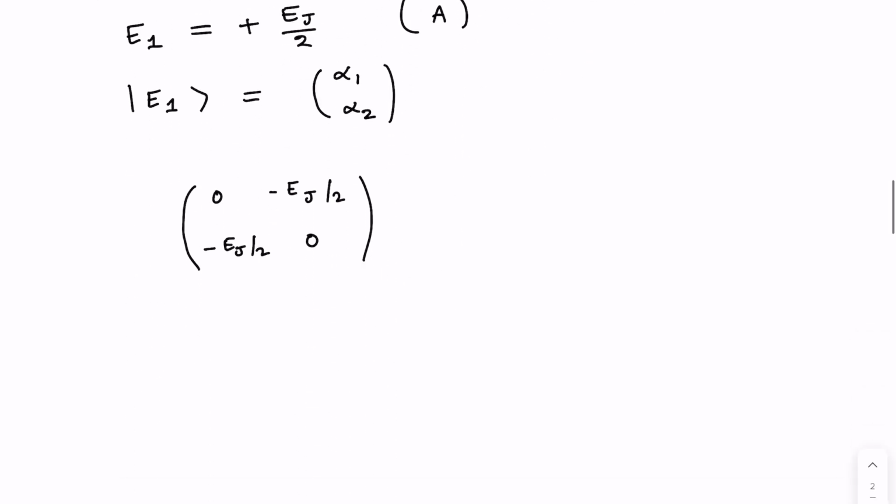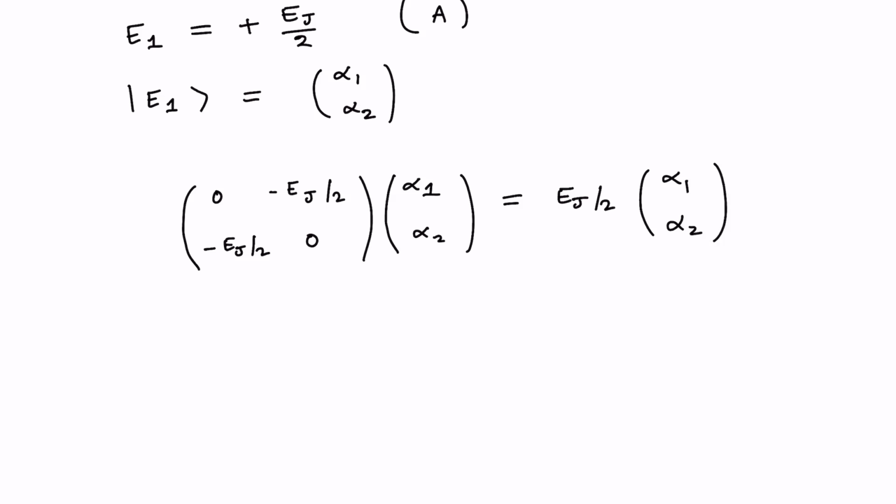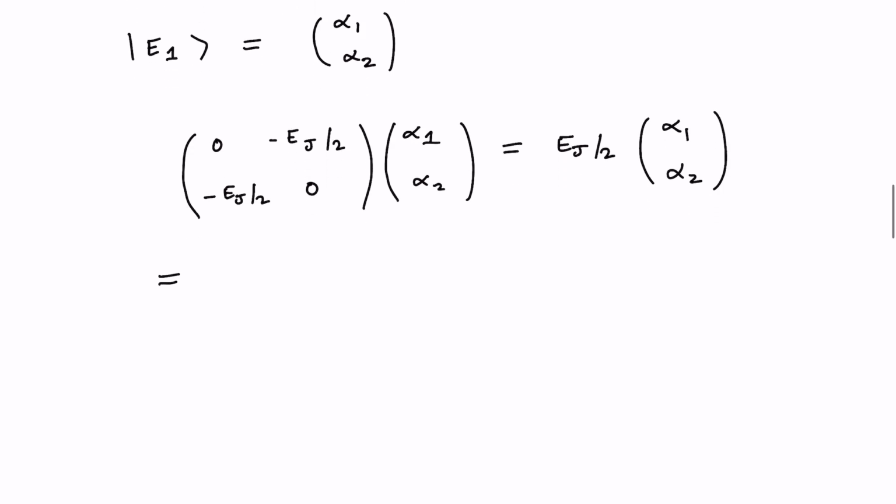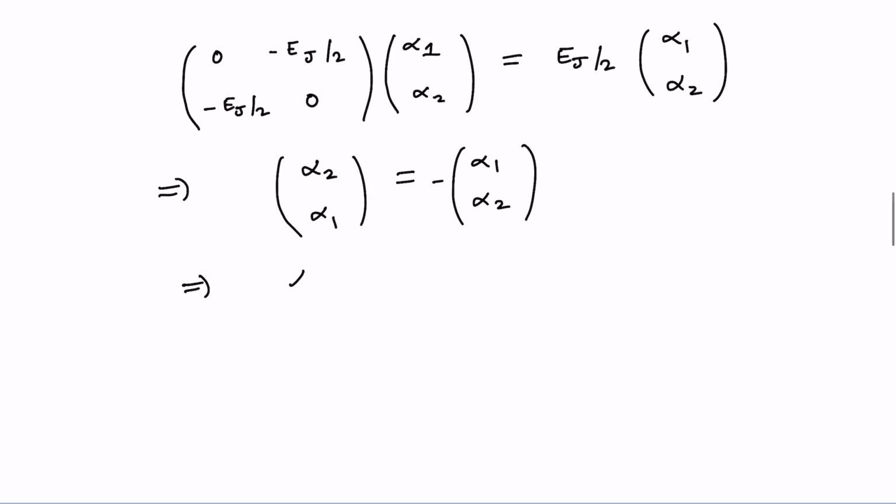So this is the Hamiltonian we are considering because delta Ng is equal to 0. The diagonal elements are 0 here, and we just need to solve this eigenvalue matrix equation, where the eigenvalue is plus Ej by 2 and alpha 1 and alpha 2 are the eigenvector. If you just do the calculation from here, you can immediately see that alpha 2 by alpha 1 is equal to minus alpha 1 by alpha 2, and that means alpha 2 is equal to minus alpha 1.